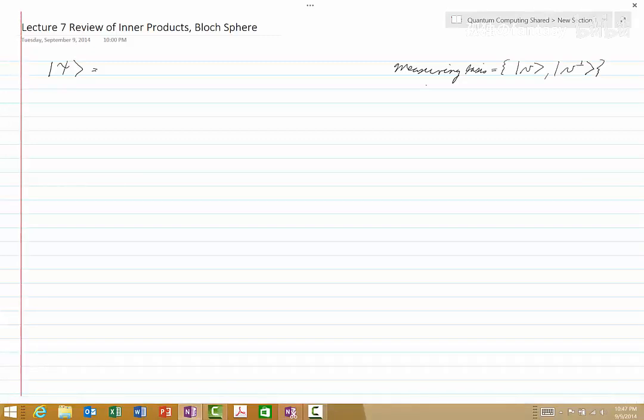Then we know that the way that we can express the state C in terms of that basis is as follows.